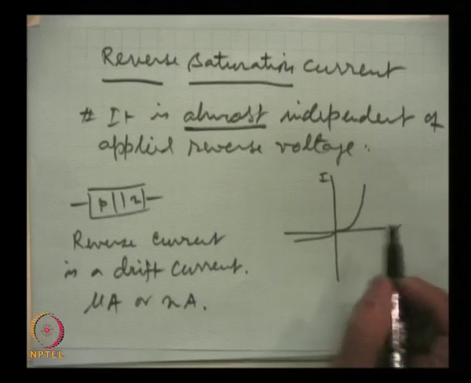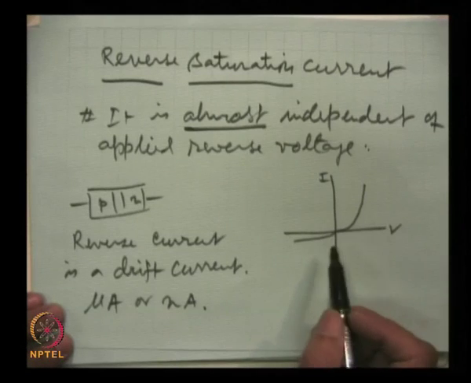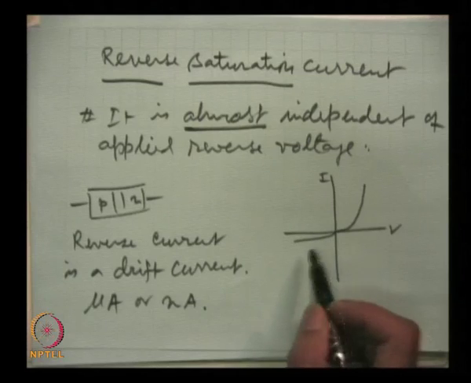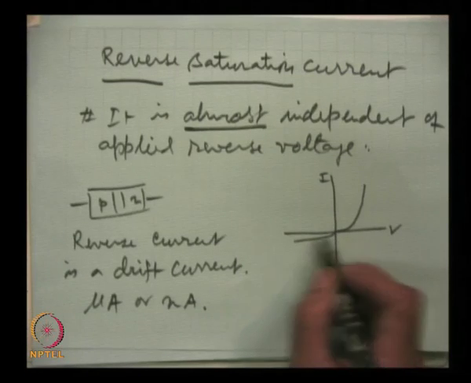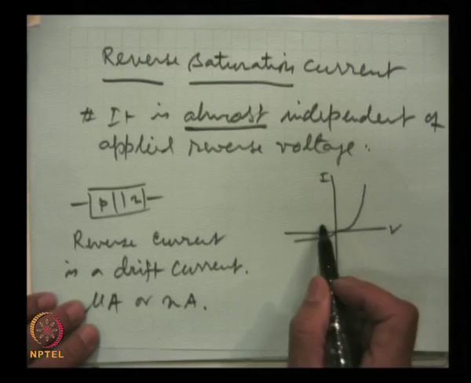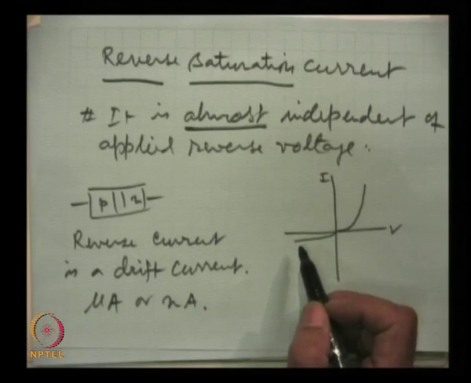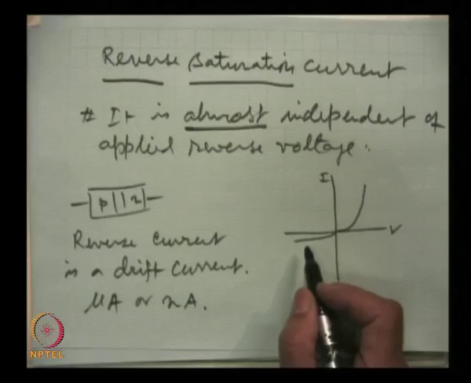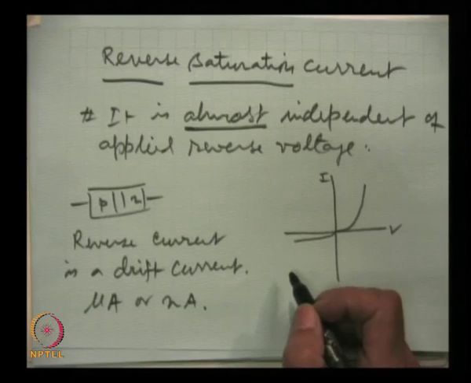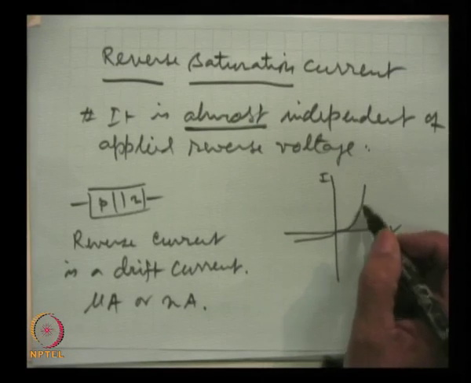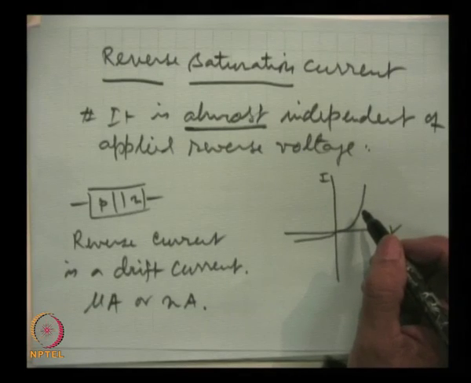Another very important point which we can derive from these reverse characteristics is that when we change the voltage significantly, there is an insignificant change in the current. That means the reverse resistance is extremely high, while the forward resistance was just a few tens of ohms.